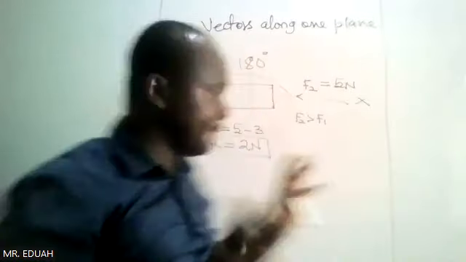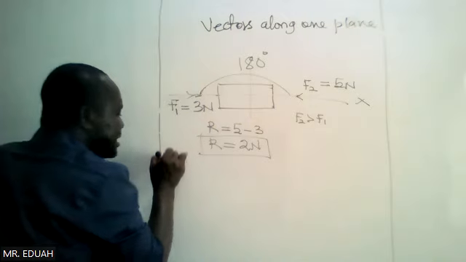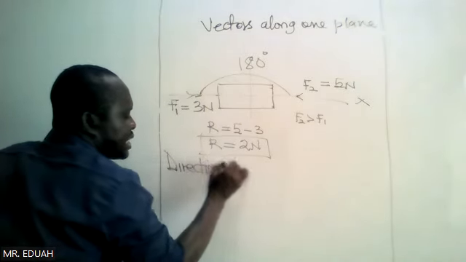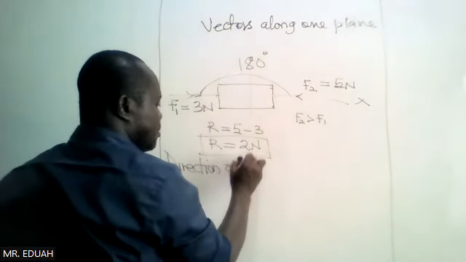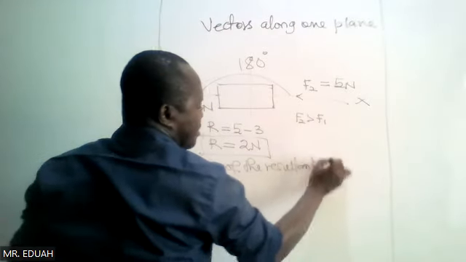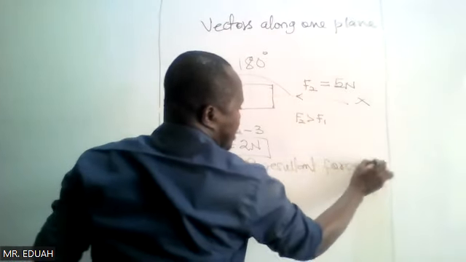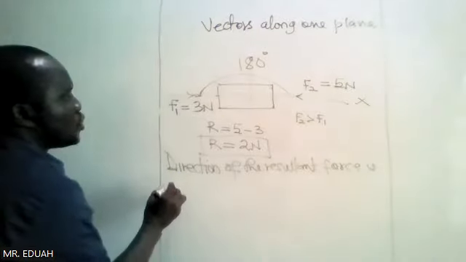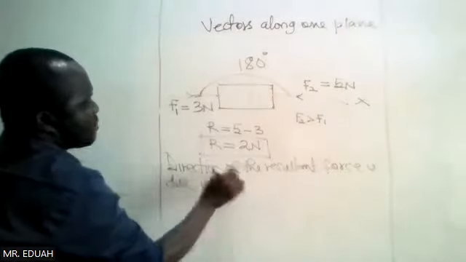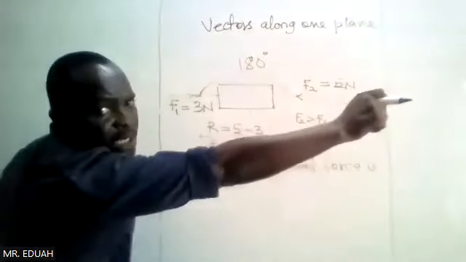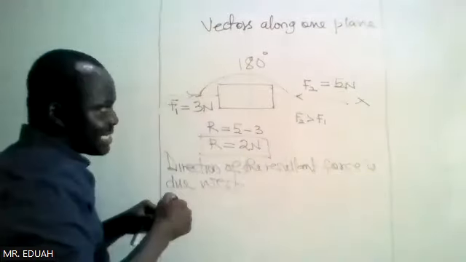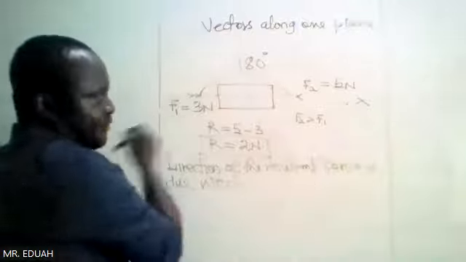Is that okay? So here, the direction of the resultant or the net force is due west, because F1 is pushing due east to my right, whereas F2 is pushing to my left.